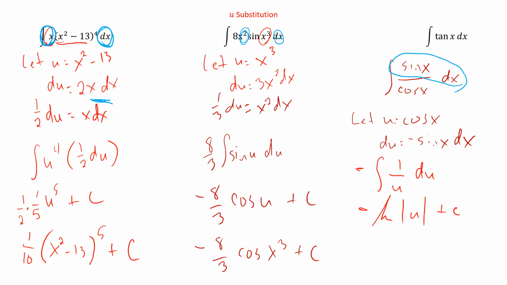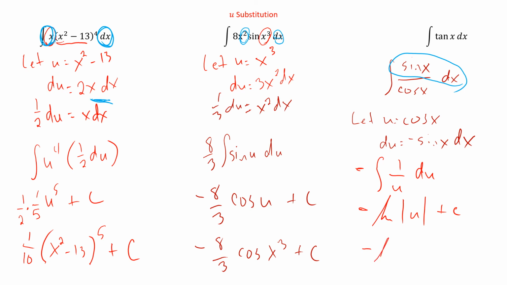Now, technically, we do need the absolute values here because anything that goes into a natural log has to be positive. The natural log is not defined on the negative numbers. So anytime you end up with a natural log, absolute values. A lot of times it's going to be something squared or something where it's positive anyway. This is not one of those cases because we can plug in our u as cosine of x.